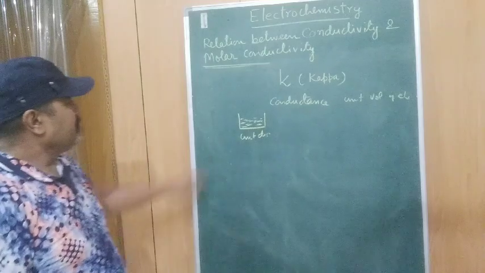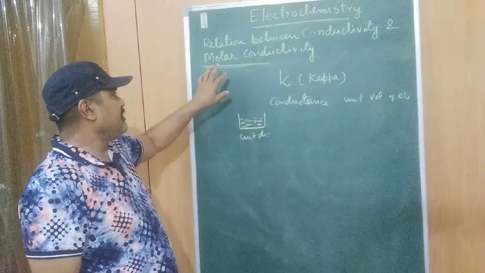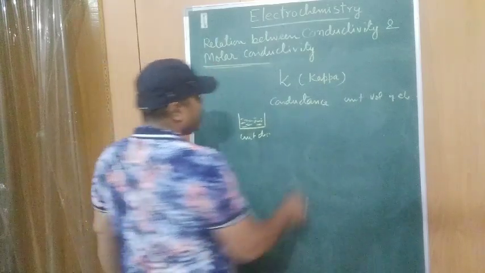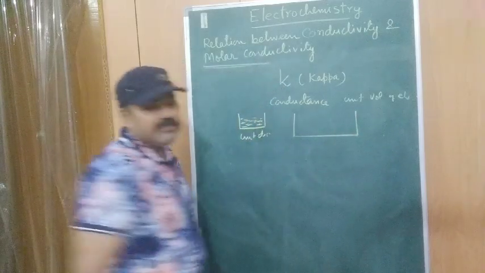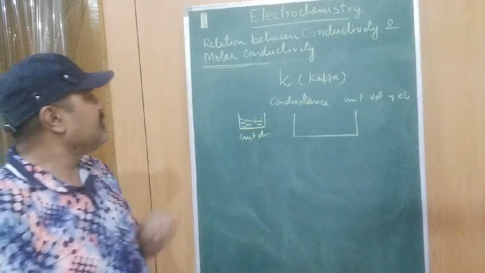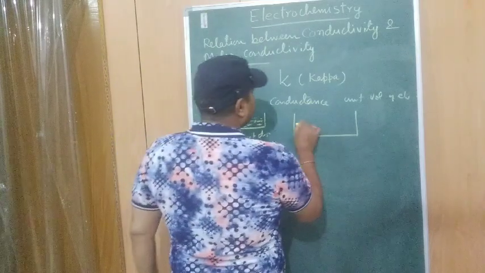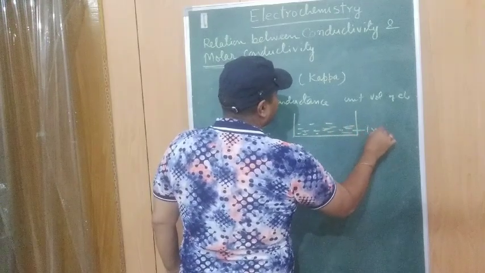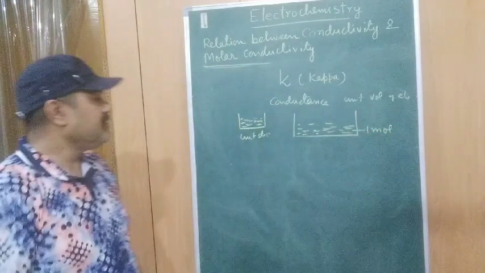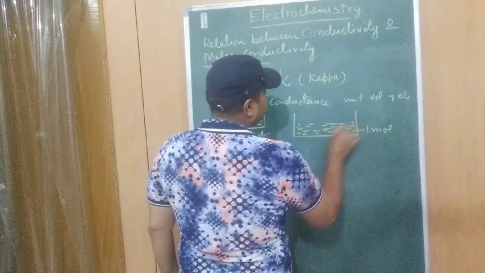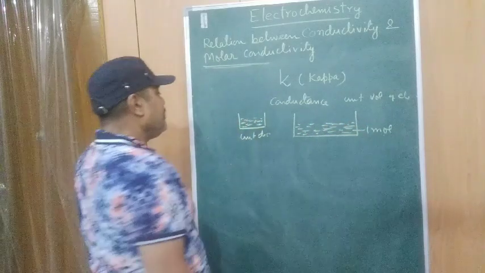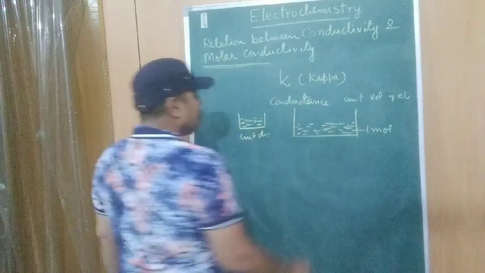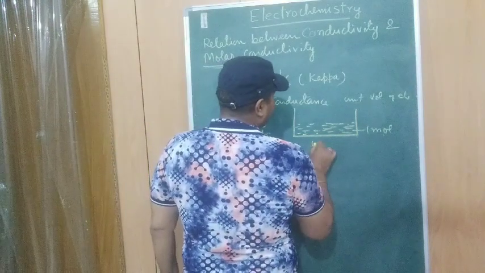The molar conductivity of a conductivity cell is the conductance of that amount of the electrolyte which contains 1 mole of the electrolyte, and this volume of the electrolyte which contains 1 mole of the electrolyte is to be kept in between the two electrodes of infinite height, but they must be apart from each other by unit distance.